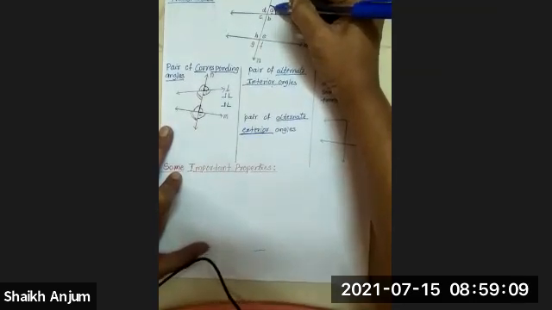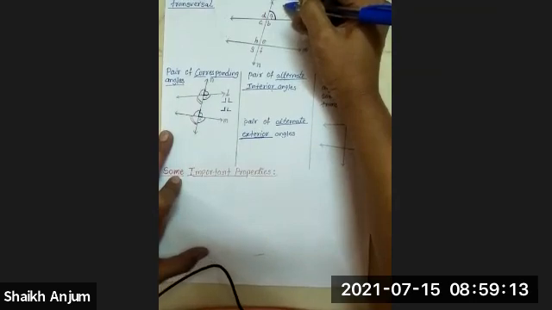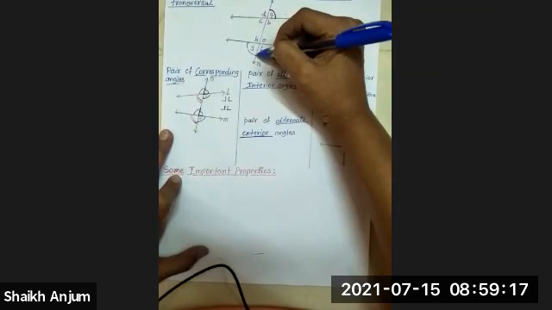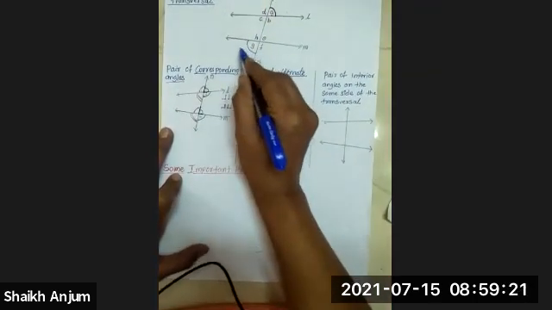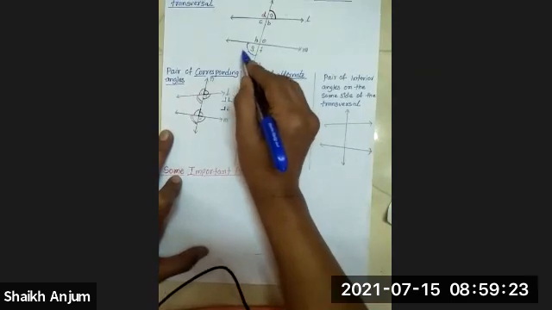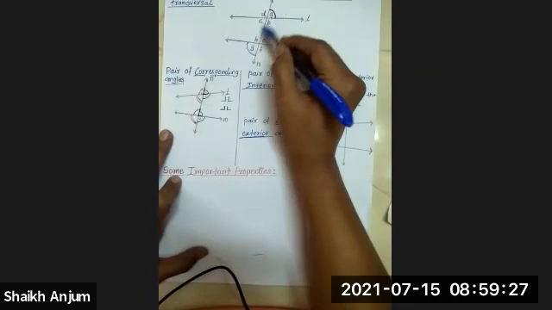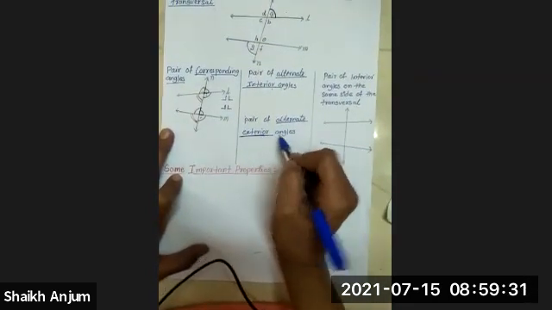So on right of the transversal and outside to the parallel line, and next opposite angle that is also outside but to the opposite of the transversal, that is on the left of the transversal, and both are outside angles. So those are called as pair of alternate angles.